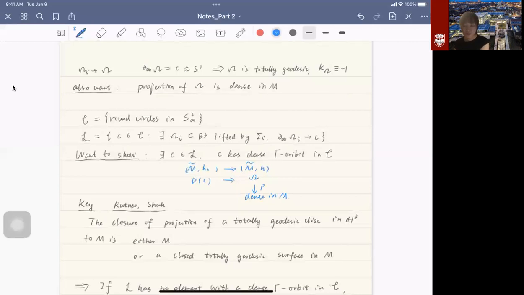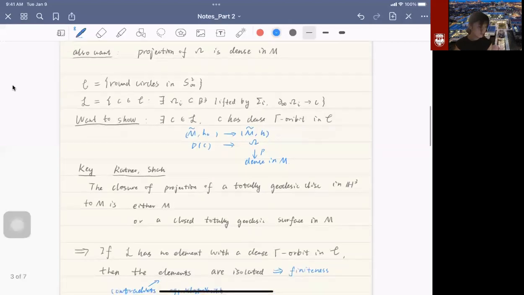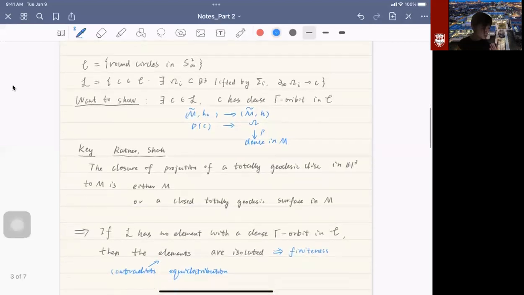Now we just need to apply the frame flow, which is ergodic. So we are able to extend the result onto the whole manifold. We can show that the whole manifold has sectional curvature equal to -1. That is hyperbolic. That's roughly the proof. So it is left to prove that there's such an element in L.